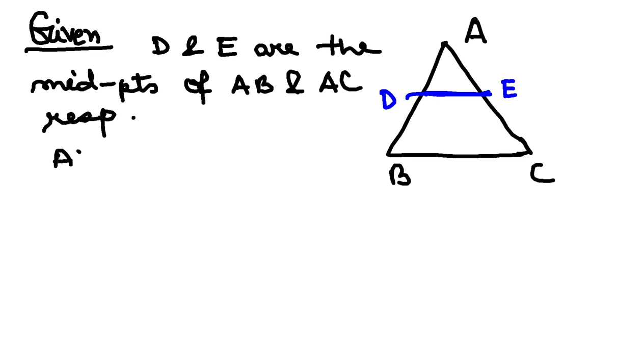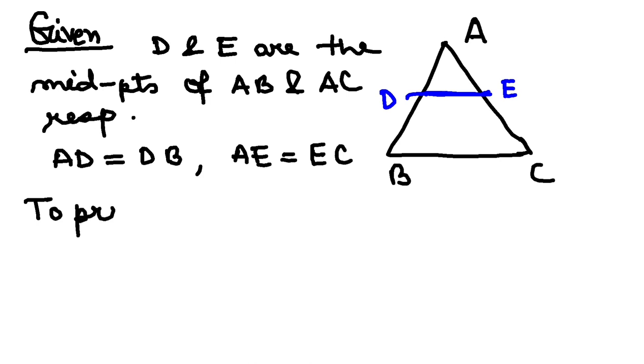So you will have AD equal to DB because D is the midpoint, and you will have AE equal to EC because E is the midpoint. Okay, so what you need to prove? You have to prove that DE is parallel to BC.